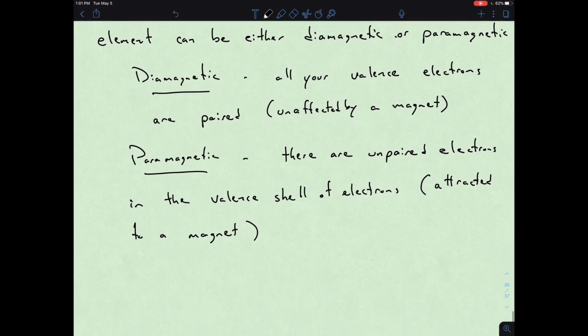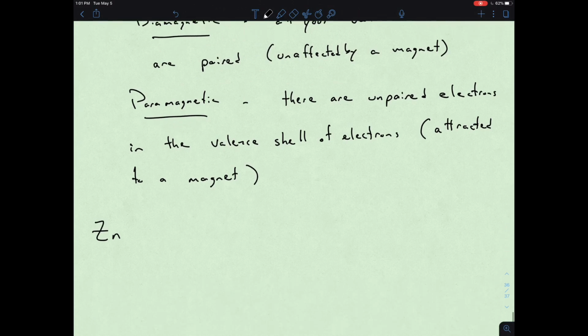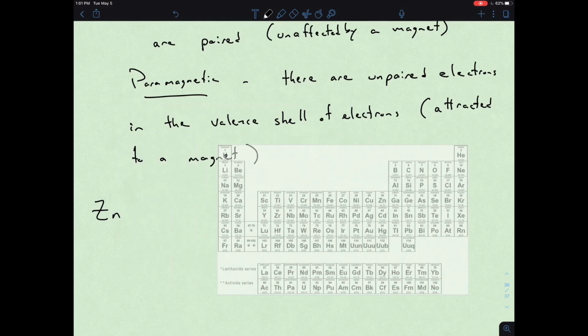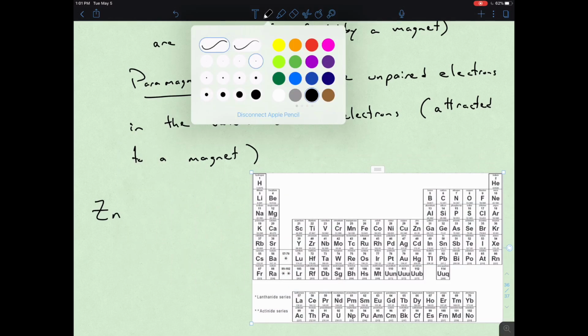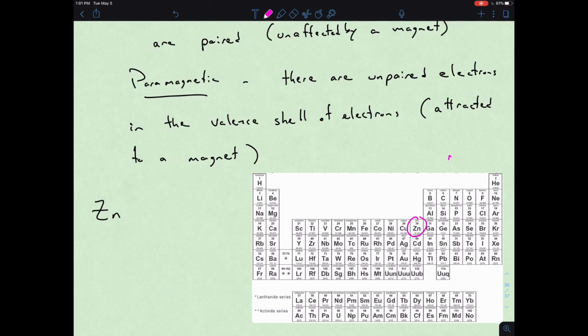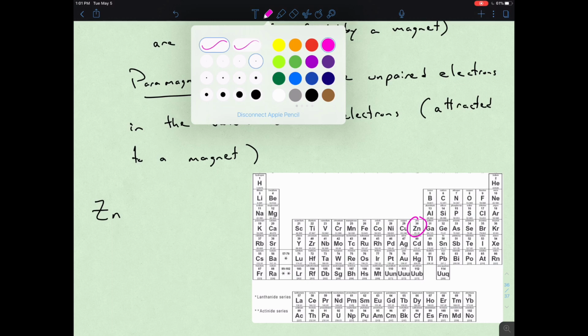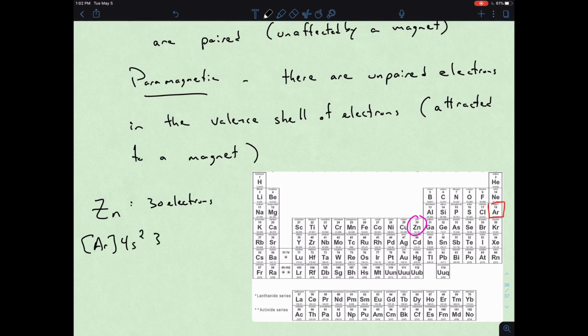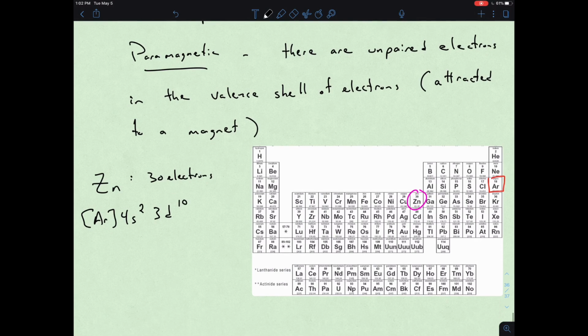So if we look at, for instance, zinc, zinc is off to the right, and much like with this copper scenario that we've been playing around with here, we would have zinc with its 30 electrons, and we would simply, hopefully we're getting really good at this now, with that noble gas configuration, have 4s2 3d10.